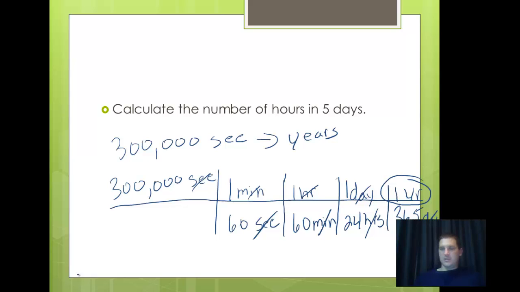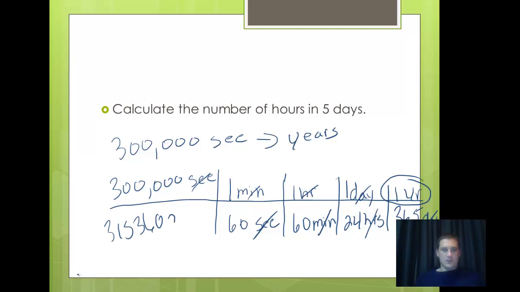You get 31,536,000. So then you just multiply 300,000 by this number, not this number divided by that.